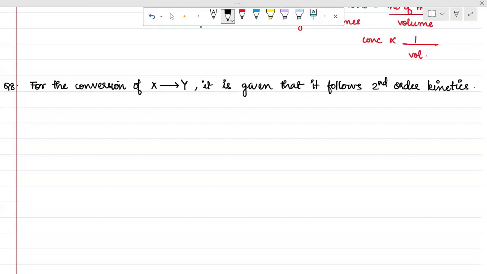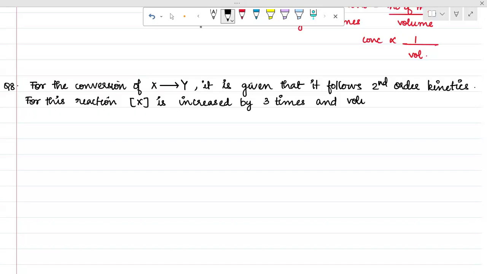For this reaction, concentration of X is increased by 3 times, and volume of the vessel is decreased by 1 by 2.